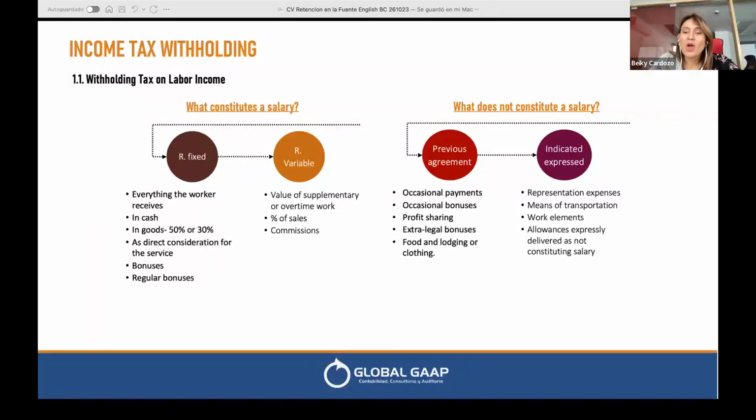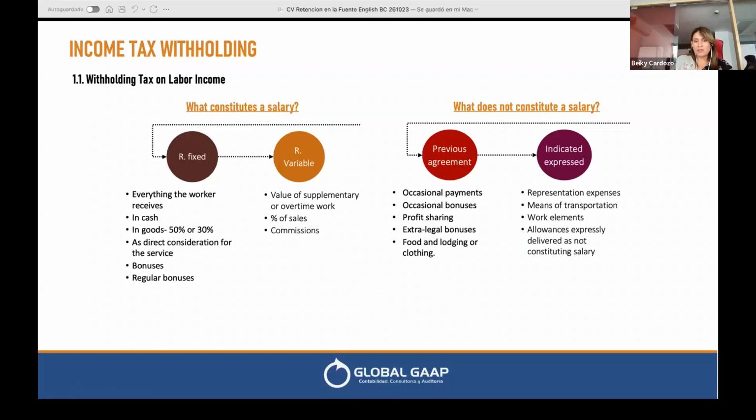And other expenses that are not going to be part of your salary are what we call representation expenses. That means all these invitations to clients that are restaurants, all the means of transportation, work elements, and allowances that are especially for the traveling expenses or the caring for clients.